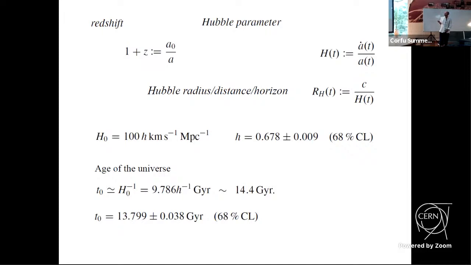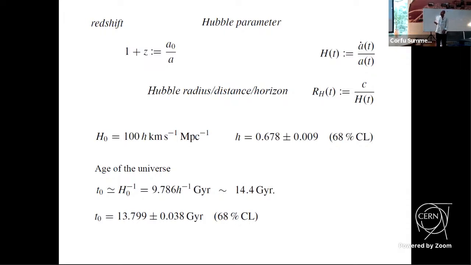Now, one can measure the Hubble parameter. This is its value today. It's parameterized by this dimensionless parameter h, which according to modern estimates is about 0.68. Probably this figure is not updated because this is Planck 15, but the Planck legacy value is not far from this one. We will fix all of these minor details in the lecture notes, so don't worry too much about the exact numbers.